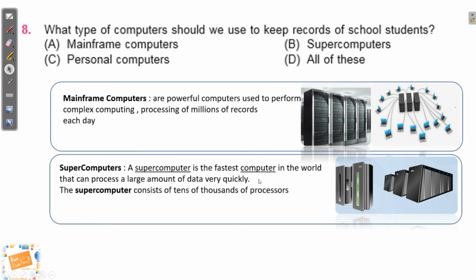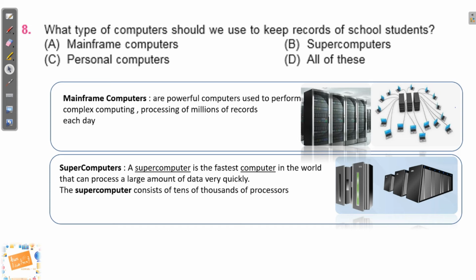Well, it is the fastest computer in the world and they can process a large amount of data very quickly. In fact, it consists of tens of thousands of processors like these which run billions and trillions of computations in seconds. So both of these are really high order computing processors.